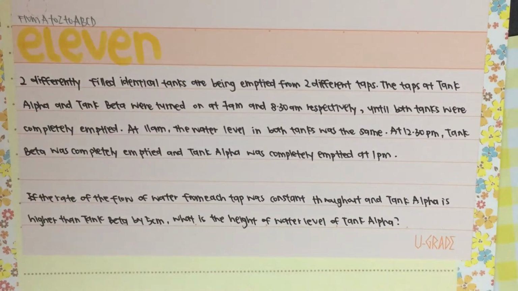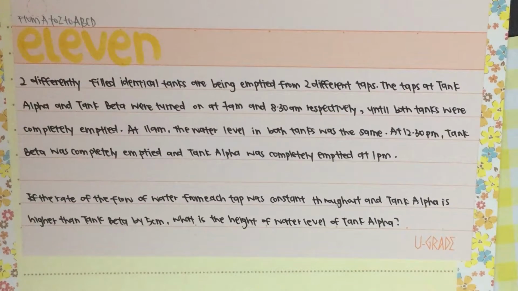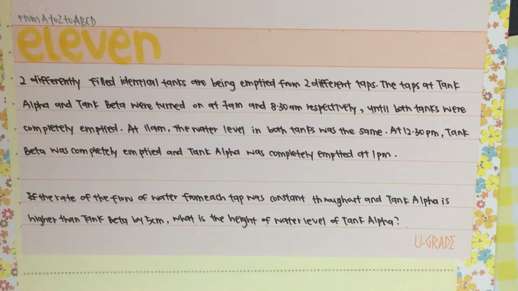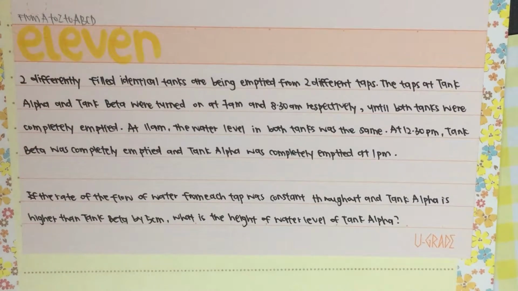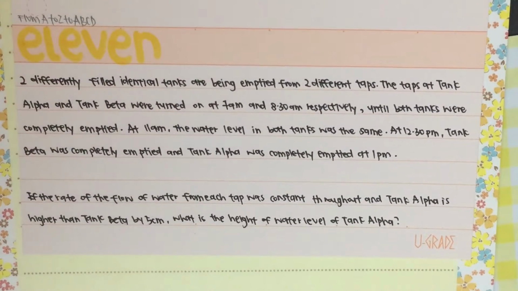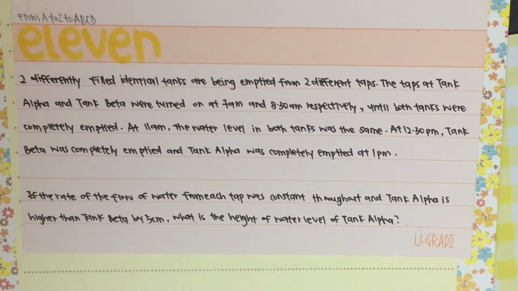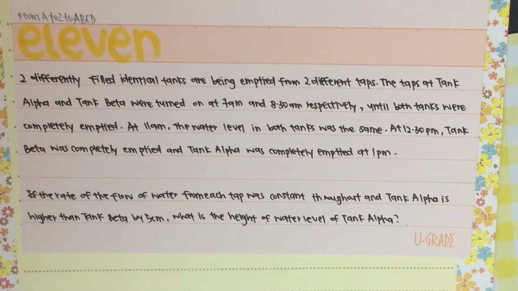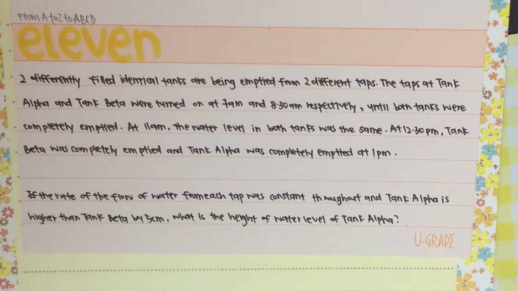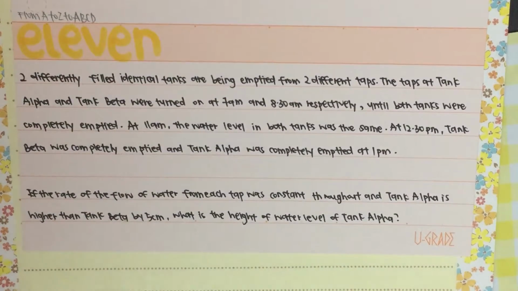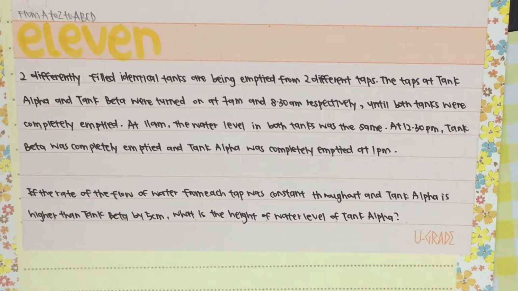At 12:30 p.m., tank Beta was completely emptied, and tank Alpha was completely emptied at 1 p.m. If the rate of flow of water from each tap was constant throughout, and tank Alpha is higher than tank Beta by 5 cm, what is the height of water level of tank Alpha?